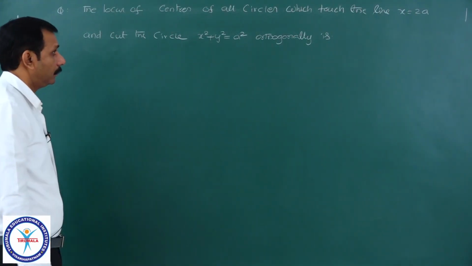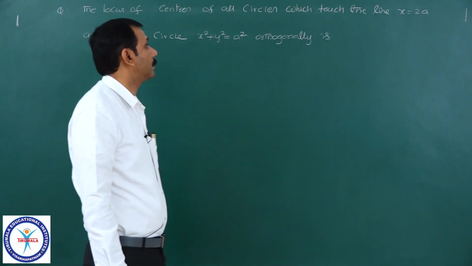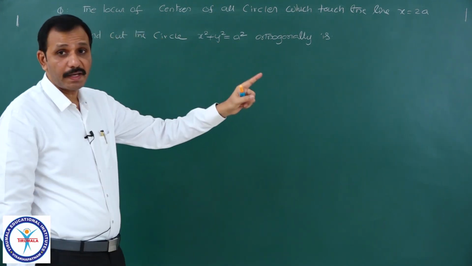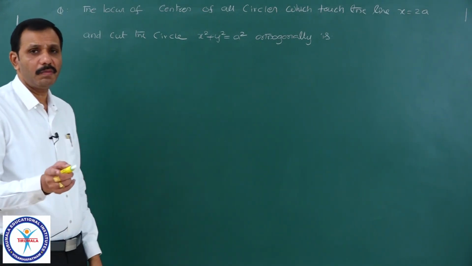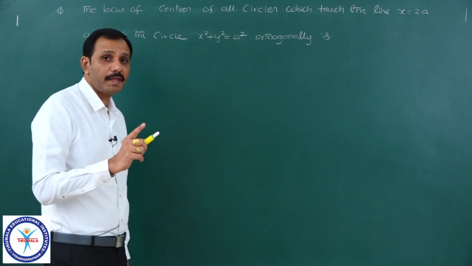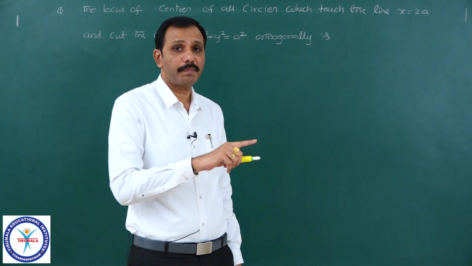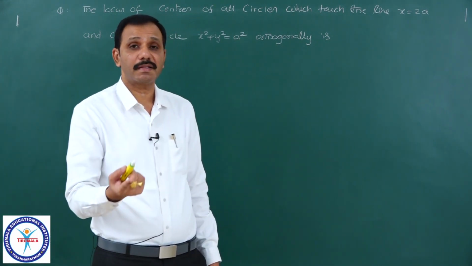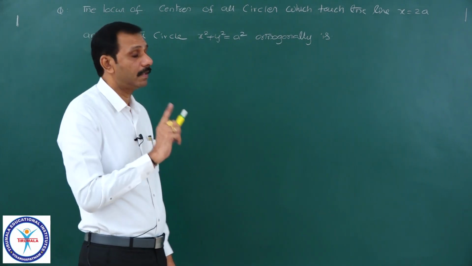Right, next problem. Locus of the center of all circles which touch the line x = 2a and cut this circle orthogonally. Almost like the previous problem only. In the previous problem they gave a circle passing through a point and intersecting another circle orthogonally, then asked for the locus of that center.